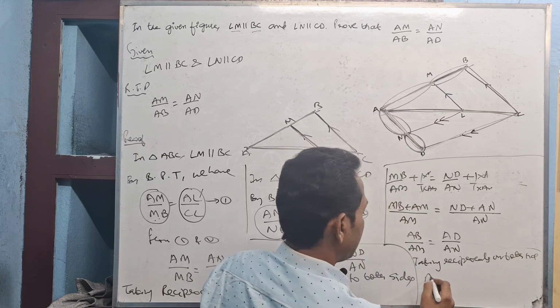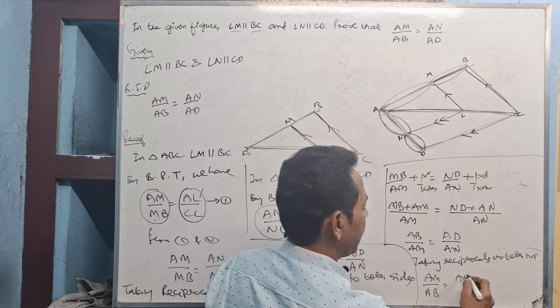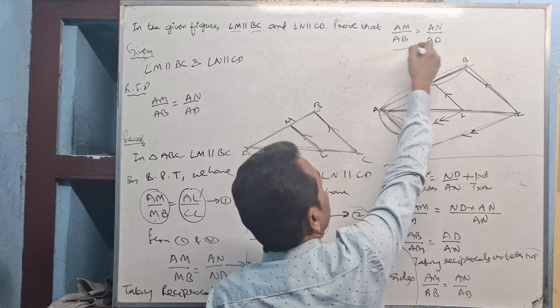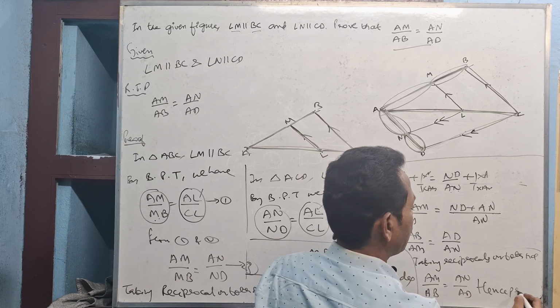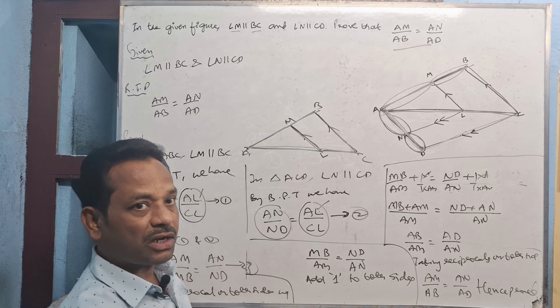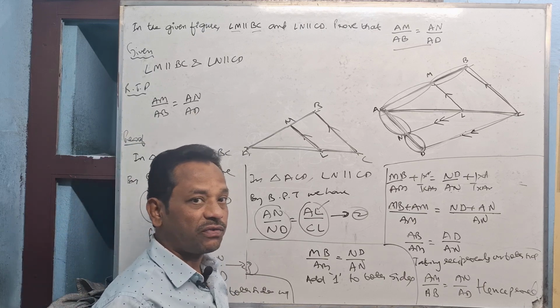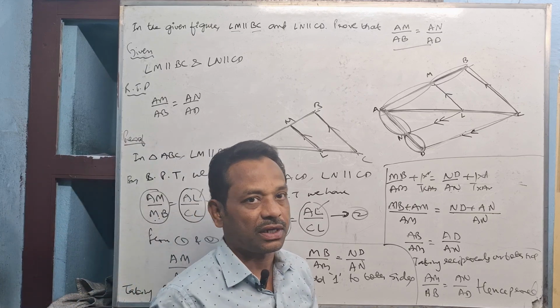So we get AM by AB equal to AN by AD. See, we got this proof. Therefore, hence proved. I hope everyone understood this question. In case you have any difficulty, just write your problems in the comment section.